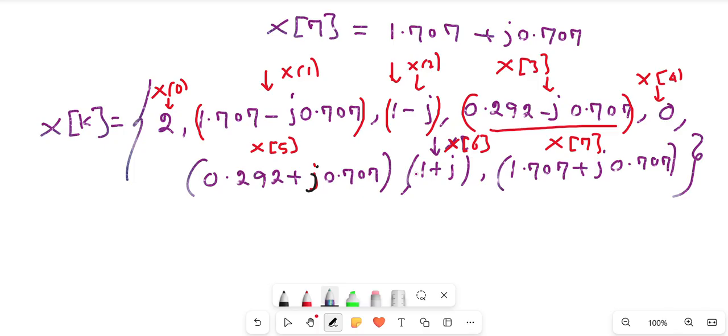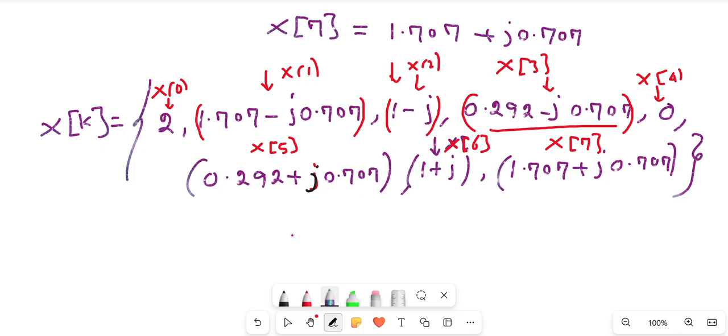Next session we will discuss the fast Fourier transform, FFT computation. In the FFT computation, the twiddle factor plays a vital role, using the periodicity and symmetry properties, with the basic 2-point butterfly structure, for N-point, 4-point and 8-point decimation in time and decimation in frequency FFT algorithms.